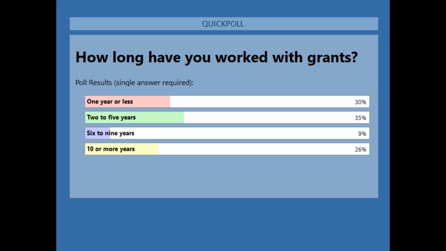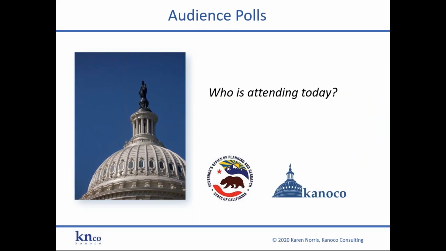Wow, 30% of you, 1 year or less, 2 to 5 years. There's 60% of the class, 6 to 9, and 10 or more years, which is where I fall. I've been in grants for a long time. So that's awesome. Great diversity in the class.